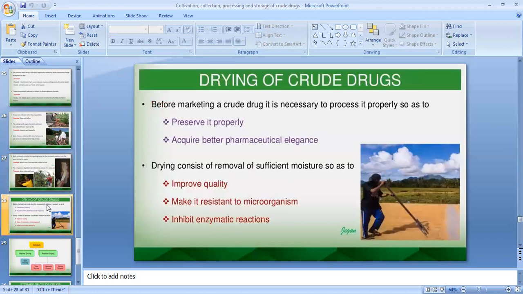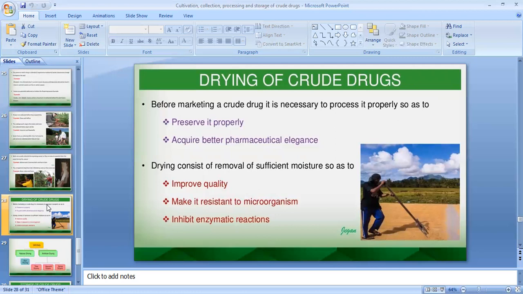So we have finished the collection of crude drugs, and we will see another point, drying of the crude drugs. Drying of the crude drugs is a very necessary step before marketing a crude drug.